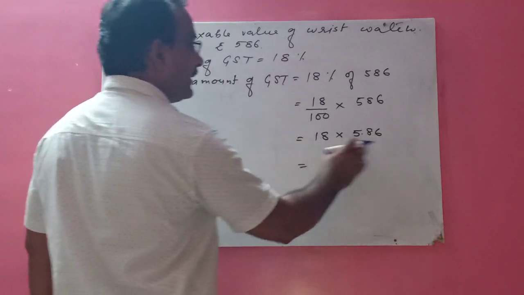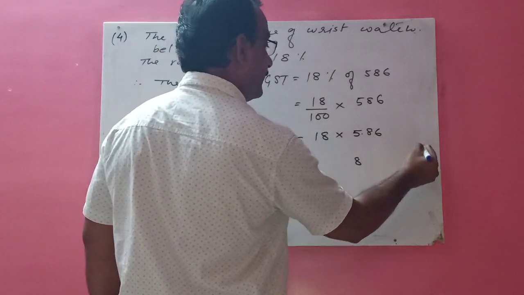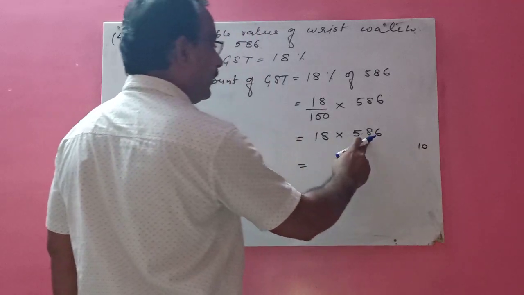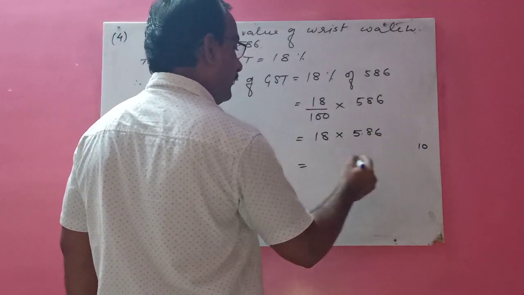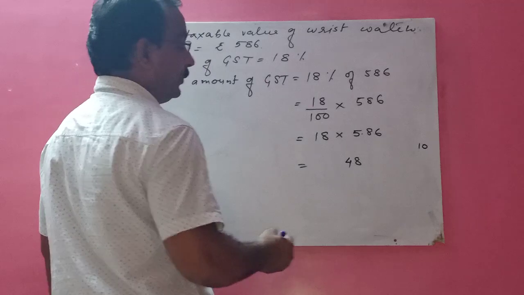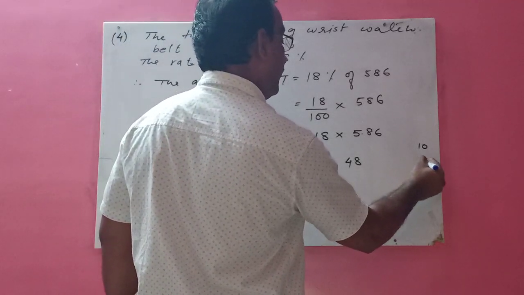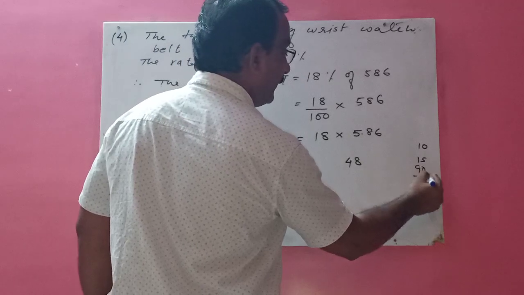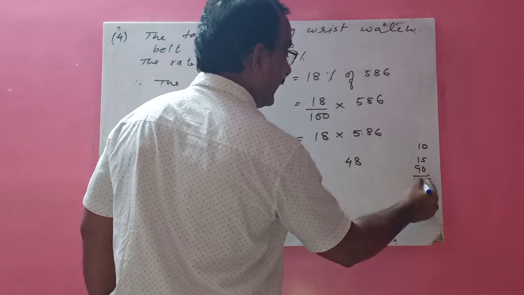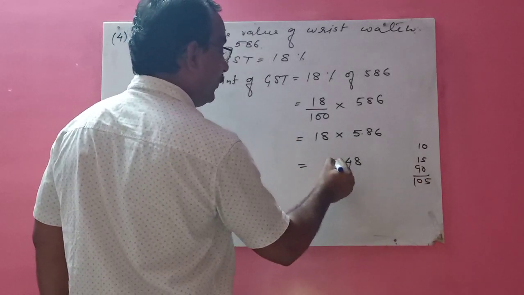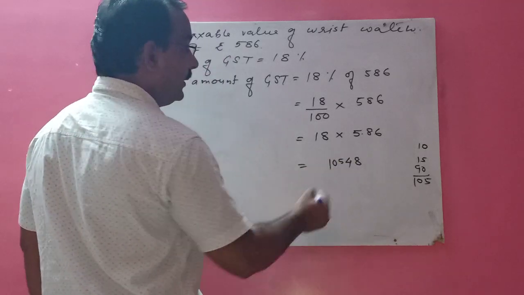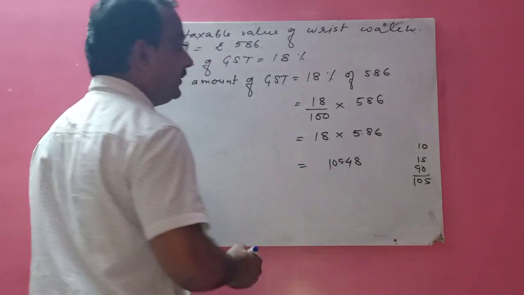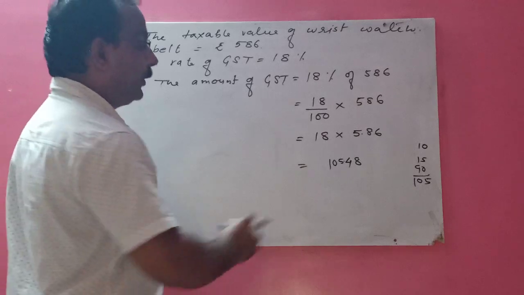So 18 6s are 108. 18 8s are 144 and 10 is 154. So 15. 18 5s are 90 and 15 is 105. So it is 105.48.